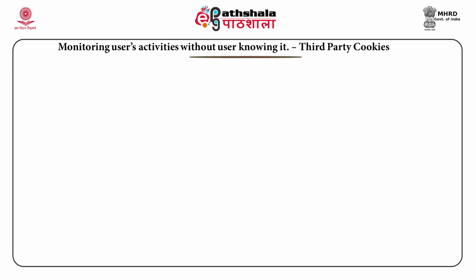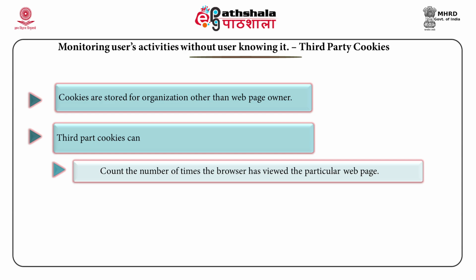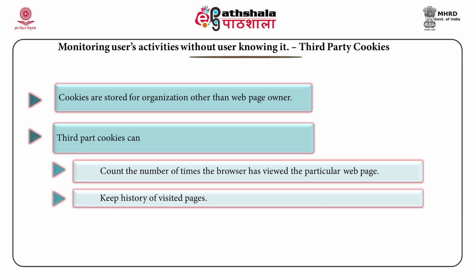Once again, if we want to monitor the user's activity, we can do it by third party cookies. These cookies are stored for an organization other than the web page owner. Third party cookies can count the number of times the browser has viewed a particular page. The second is, it can keep a history of visited pages.